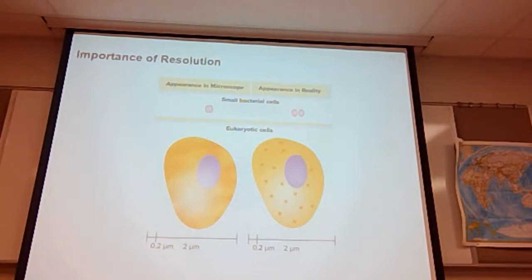For the larger eukaryotic cell, what you see in the microscope is this, but what there is in reality is this. You see the little extra colors, and the higher you can get on the resolution power of your microscope, the closer you're going to get to seeing that.